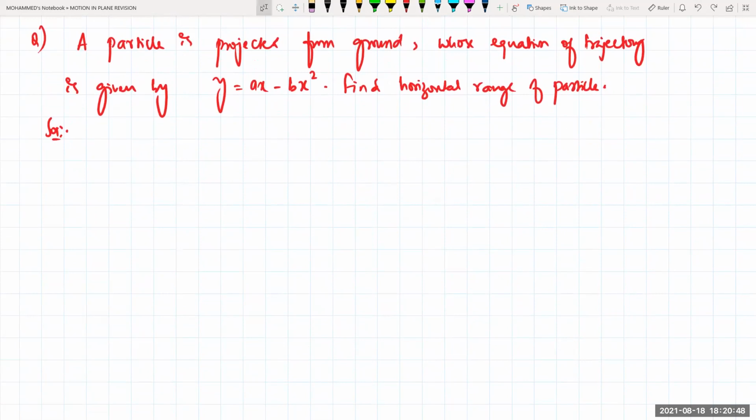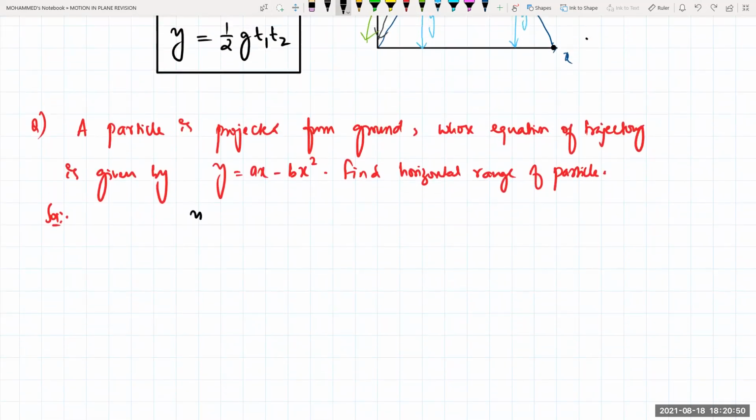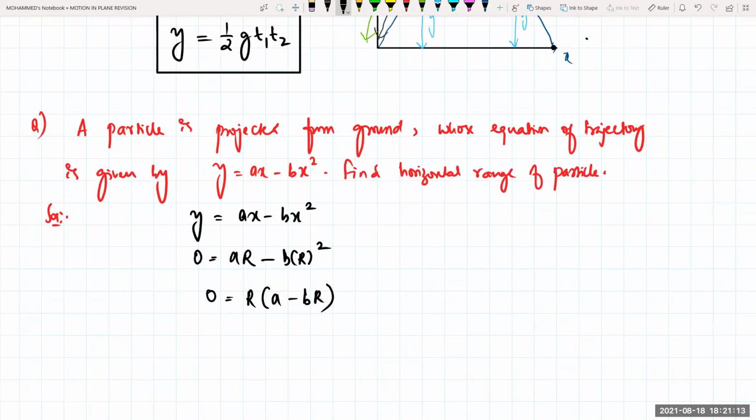So in this equation, y is equal to a into x minus b into x square, y is equal to 0, and x is nothing but the range, the horizontal distance. So I can write this as r into a minus b into r.